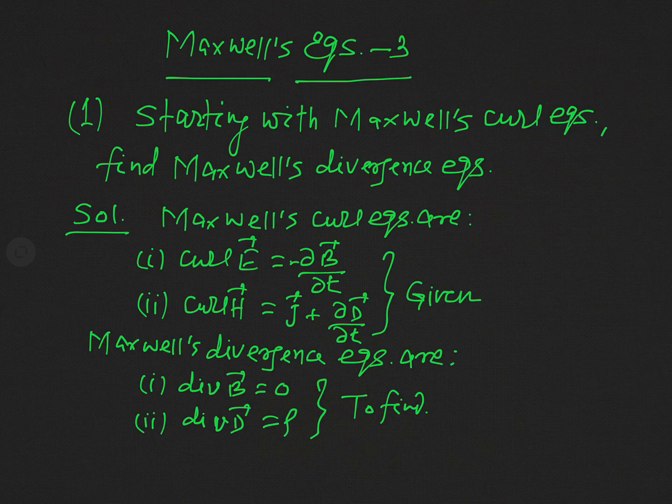And what are those divergence equations? These are divergence B equal to 0 and divergence D equal to rho. So we have to find these two equations when these curl equations are given. You can easily find the divergence equations if the curl equations are given.